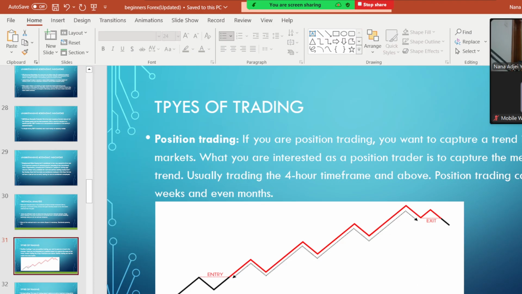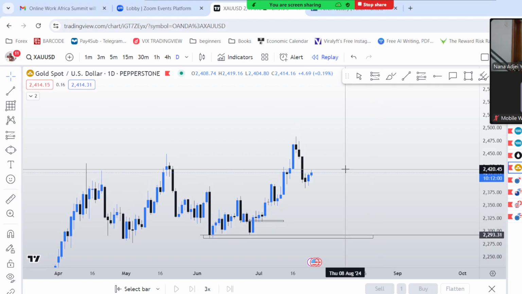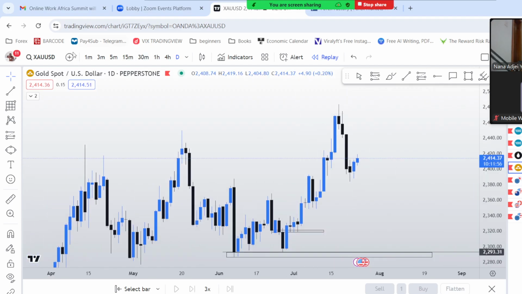One thing about this TradingView platform is that we have various time frames of the chart. As you can see over here, we have various representations of time frames.